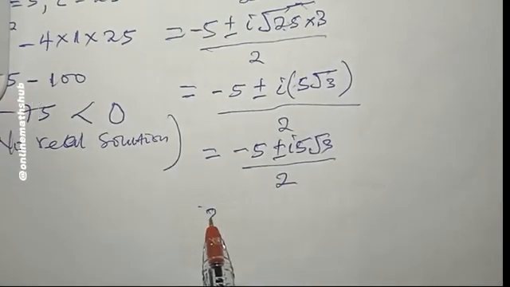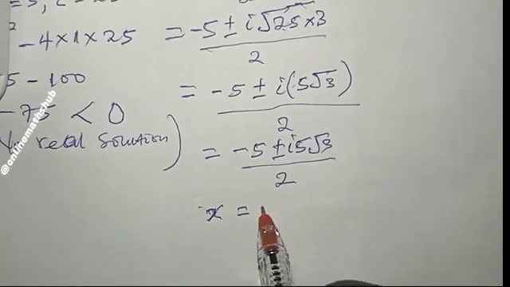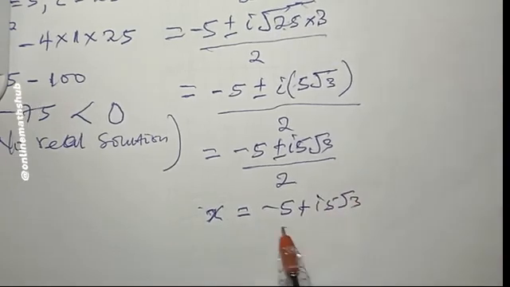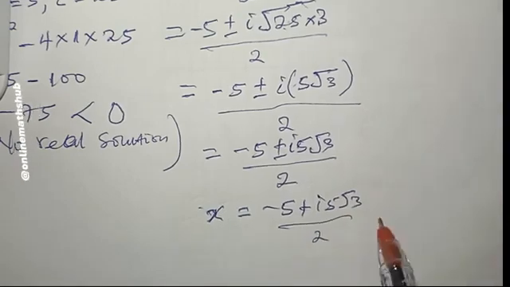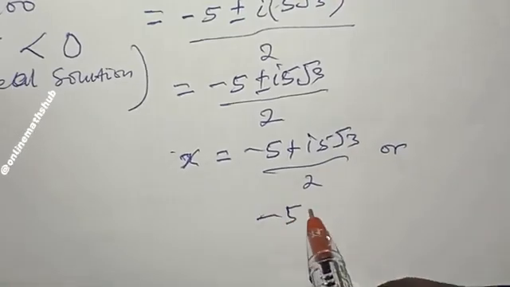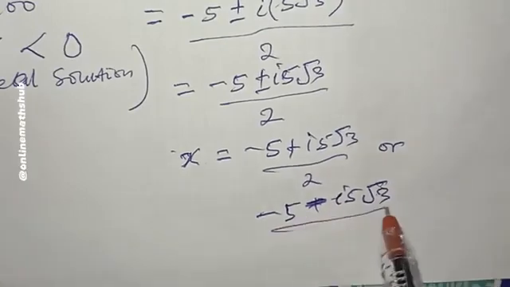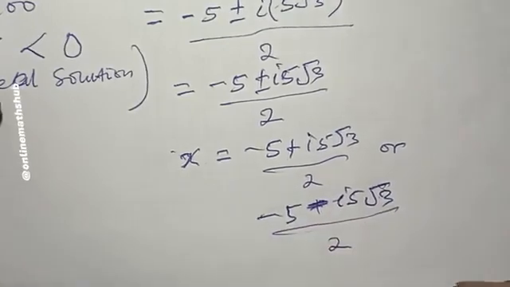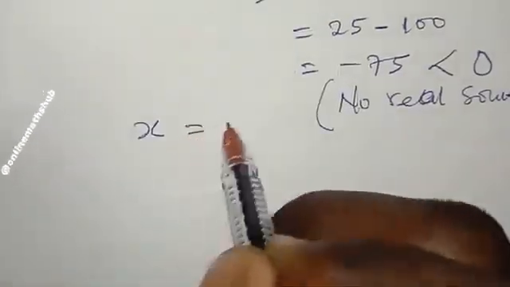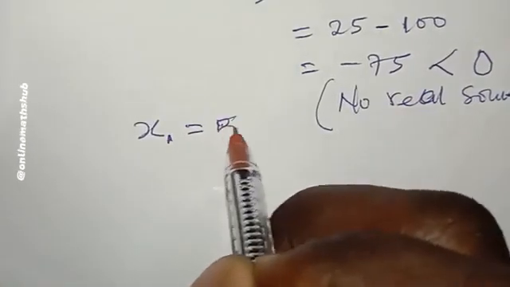The first one here, x is now equal to minus 5 plus i 5 root 3 divided by 2, or the next value will be minus 5 minus i 5 multiplied by root 3, and then divided by 2. So these are the values of x, and of course if you want to write it out, the first one we got is that x, if we term this x1, x is equal to 5.